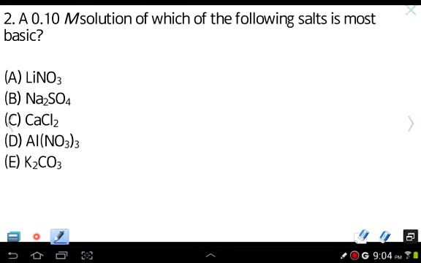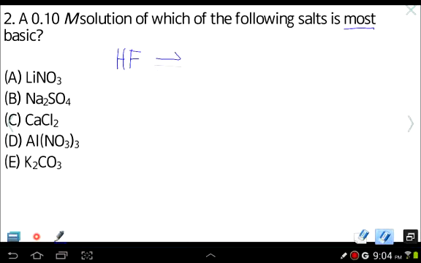How about this question? A 0.10 molar solution of which of the following salts is most basic? Now, what we talked about is anytime you have an acid, its conjugate becomes a base. So, for example, if you have HF as an acid, we can represent this as HF donating a proton.